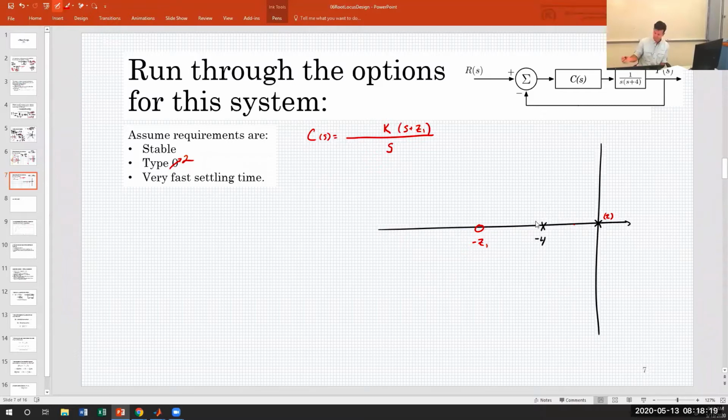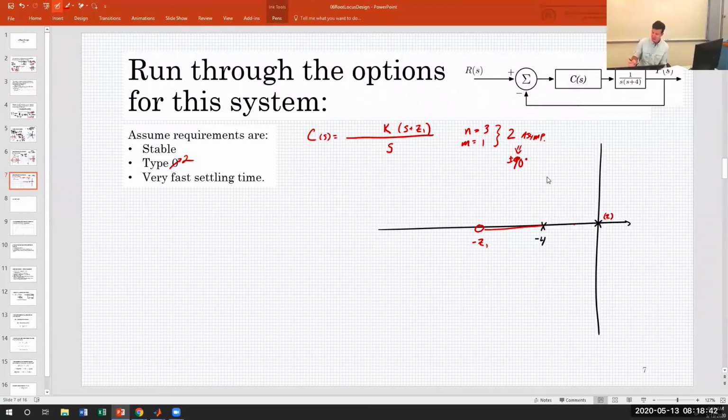Because here, the total number of poles is 3, the total number of zeros is 1. So this gives us 2 asymptotes, which means that they're going to be at plus and minus 90 degrees. So maybe it's interesting to analyze where is the center of mass. Where will this plus and minus 90-degree line lie?